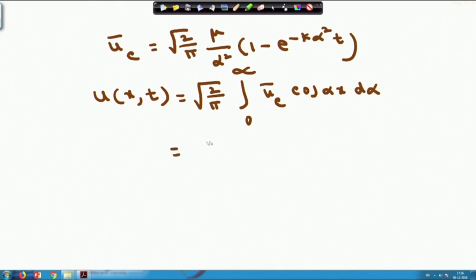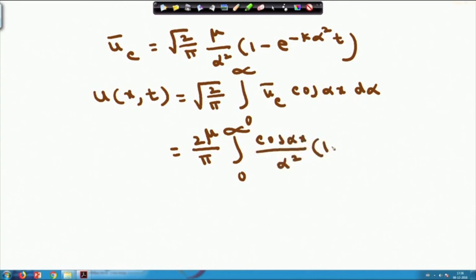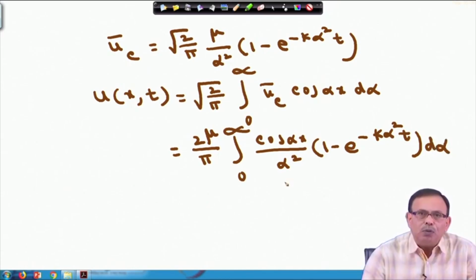So, if you put the u bar c, it will be twice mu by pi, 0 to infinity, cos of alpha x by alpha square into 1 minus e power minus k alpha square t into d alpha. If I evaluate this integral, I will obtain the value of u x t.